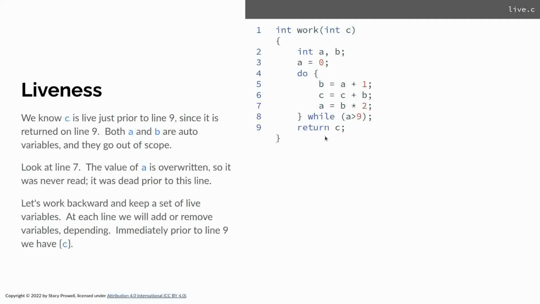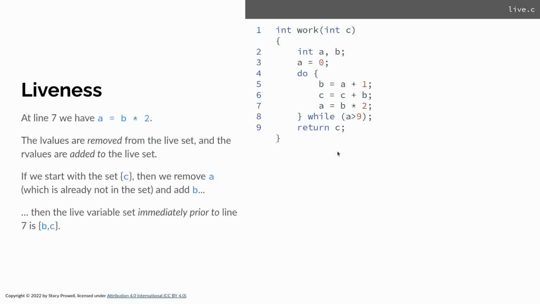You want to know what happens in the future? Well, the future is down here at the bottom, and the past is up here at the top. So we're going to work backward in time, going backwards through the program, to do liveness analysis. And that's fairly common. There are a lot of analysis techniques that require you to know something about the future, and the best way to know about the future is to walk backwards through a program's flow.